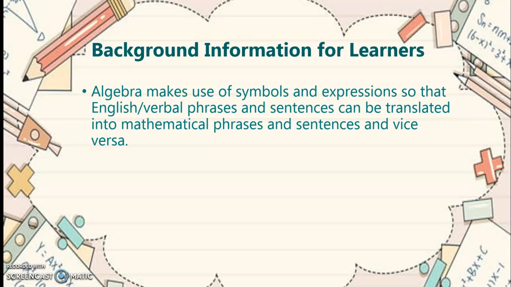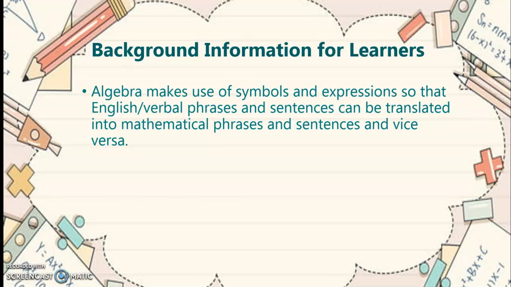When you were in elementary, since you didn't use the variable symbol yet, you used shapes to represent the missing number. Now that you are already in junior high school, we don't use shapes anymore as the symbol for missing terms or missing numbers.